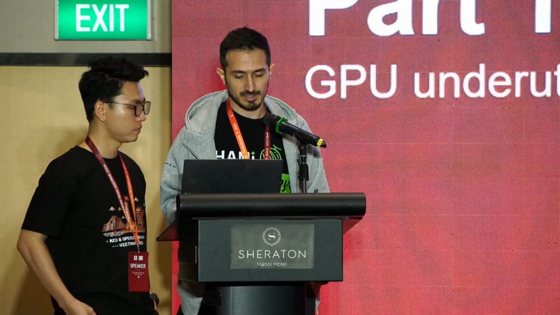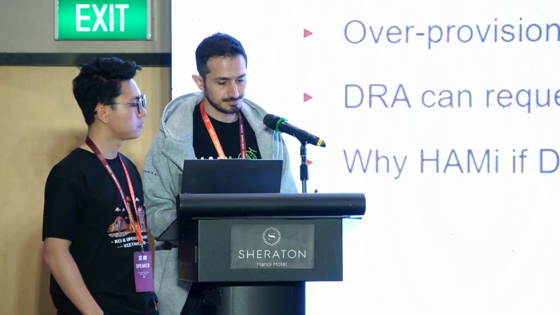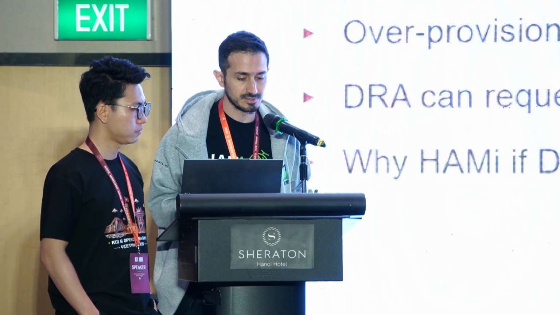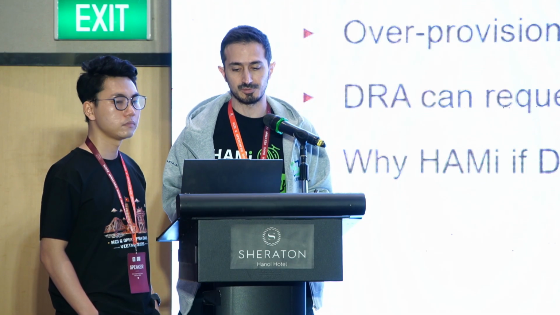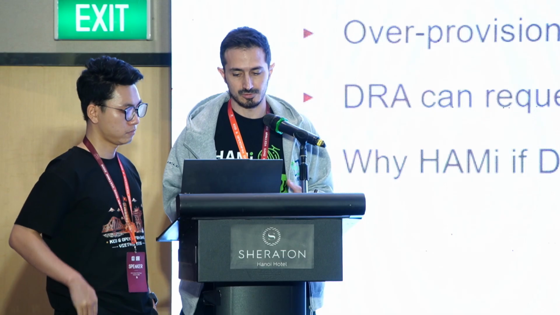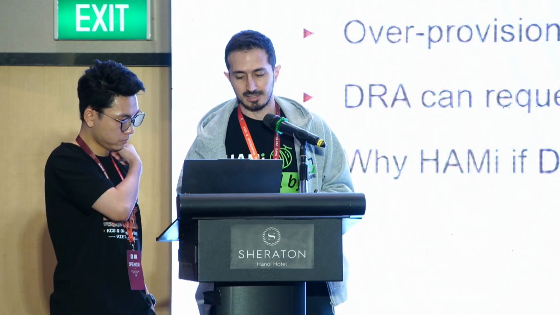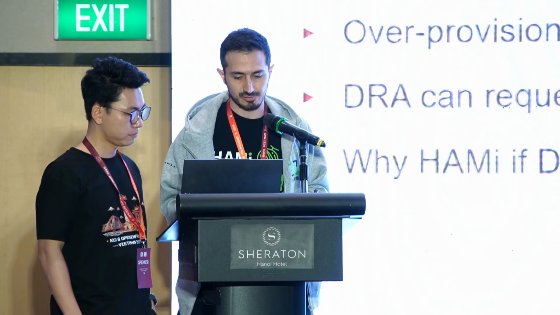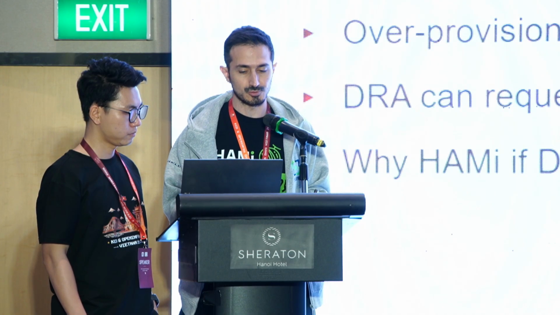So real quick about the problem. Basically, traditionally in Kubernetes, you would allocate GPUs atomically. And now, of course, you want to share them and utilize them better. And of course, your first reaction, if you know, is: why don't you just use DRA? We'll get to that.